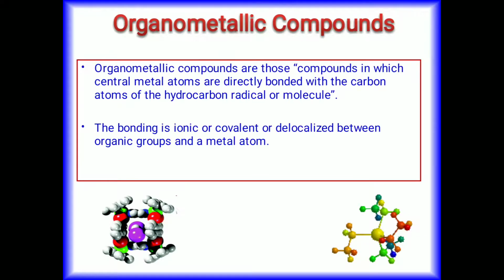What is meant by organometallic compounds? Organometallic compounds are those compounds in which the central metal atom is directly bonded with the carbon atoms of a hydrocarbon radical or molecule. The bonding is ionic or covalent, delocalized between organic groups and a metal atom.